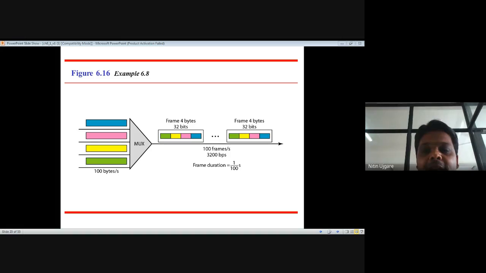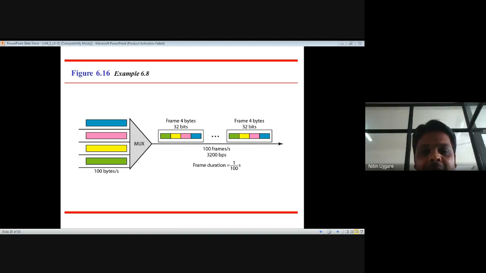Each frame carries 1 byte from each channel, so the total bytes one frame carries is 4 bytes. So 400 bytes divided by 4 bytes gives us 100, right? So the frame rate must be 100 frames per second. We are sending 100 time frames per second if each channel sends 100 bytes per second.